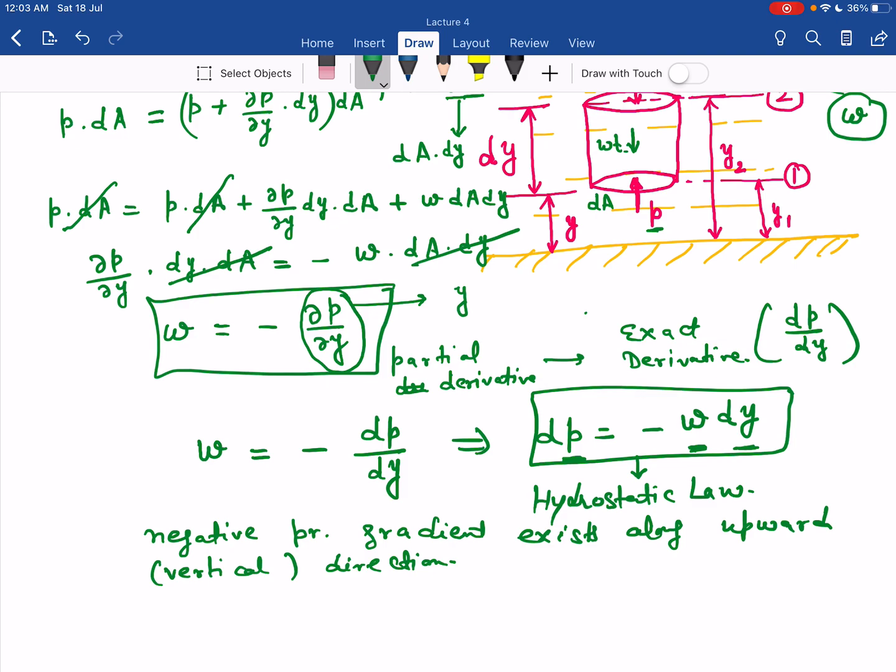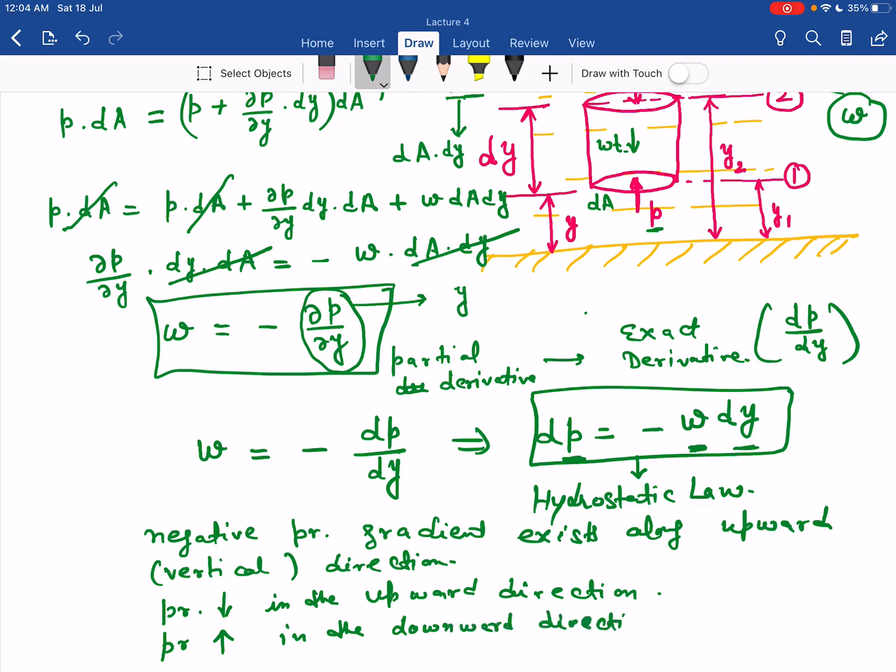That means pressure decreases in the upward direction, or you can say pressure increases in the downward direction.